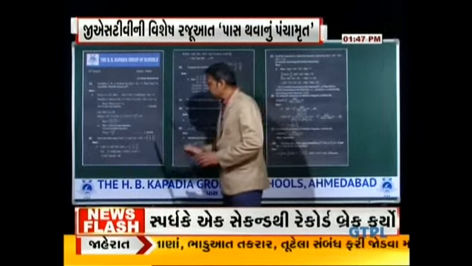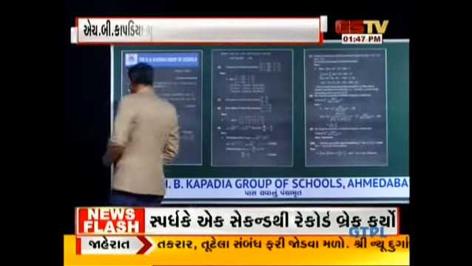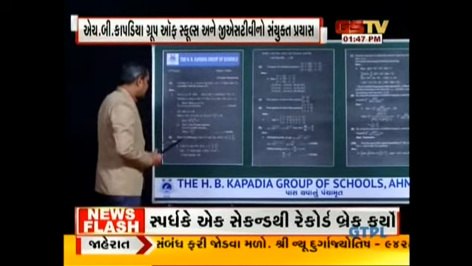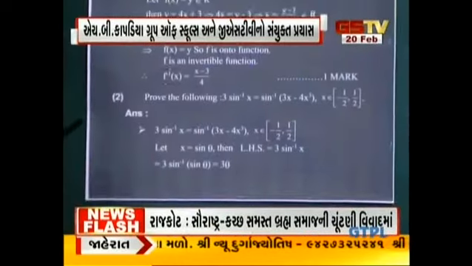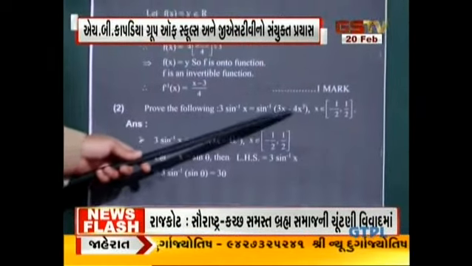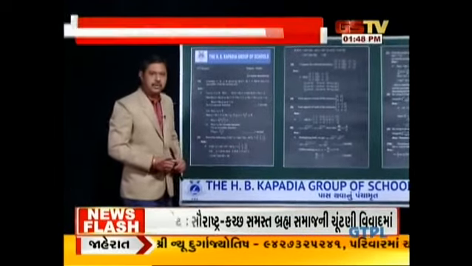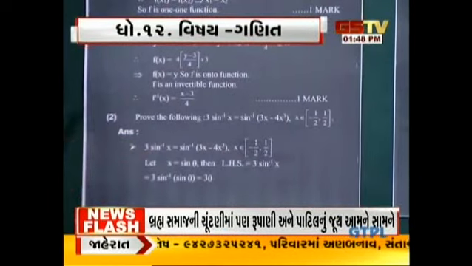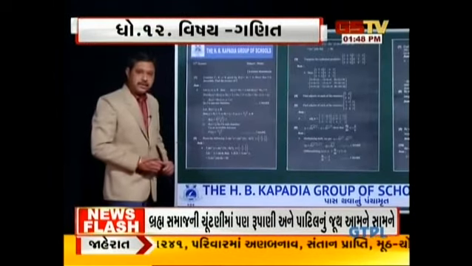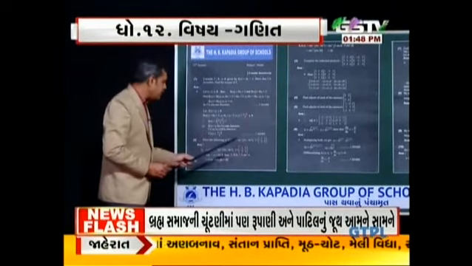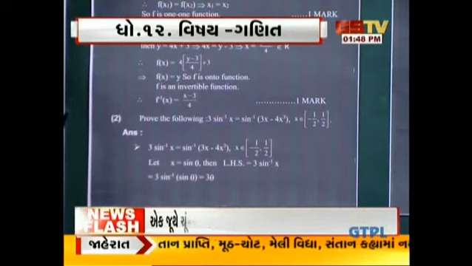Next, second question, prove the following result: 3 sine inverse x is equal to sine inverse of 3x minus 4x cube, where x belongs to the closed bracket minus 1 by 2 to plus 1 by 2. The first step to solving this question, consider x is equal to sine theta.